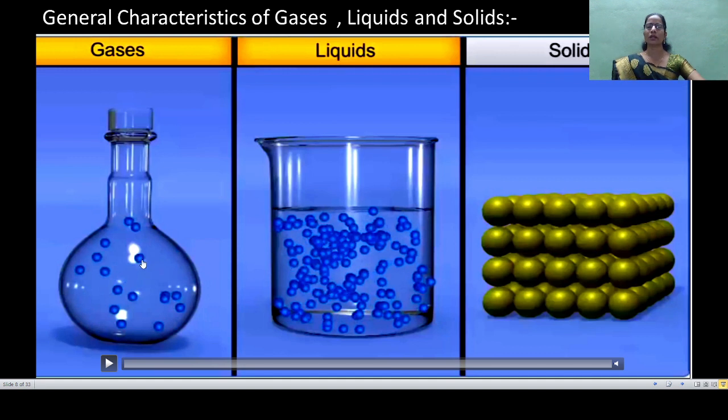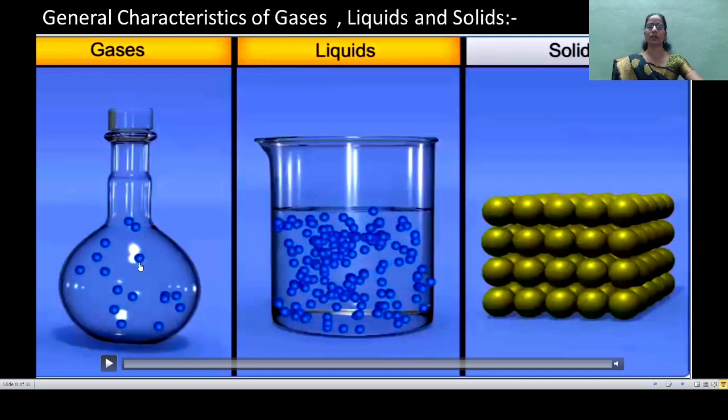The constituent particles means atoms, ions or molecules. In this chapter, you will frequently come across this term, constituent particles, or simply the particles. So remember well, the constituent particles or particles are nothing but atoms, ions or molecules.